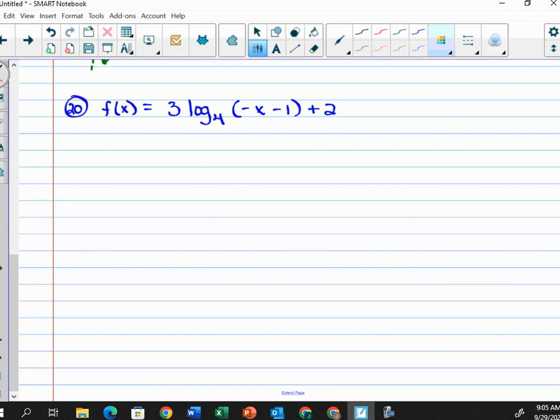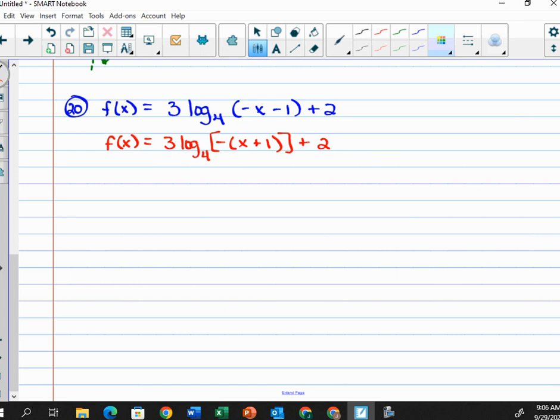The only thing you need to be careful of on this one, guys, is I would actually rewrite it. Because we have a negative on the x in here, it's messing with things. You need to write this by factoring out the negative. Because where is the shift, left or right?